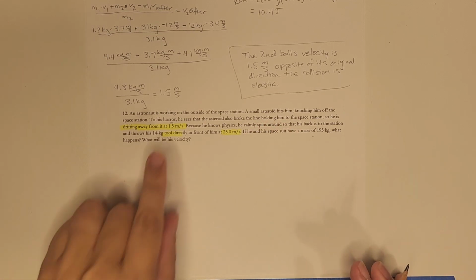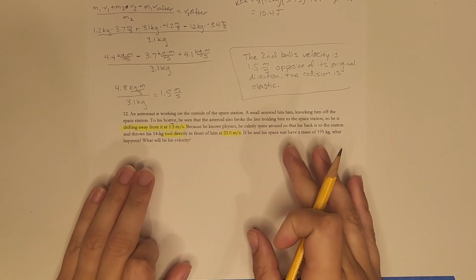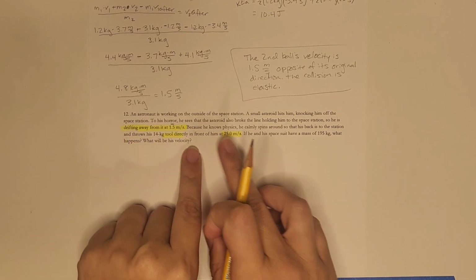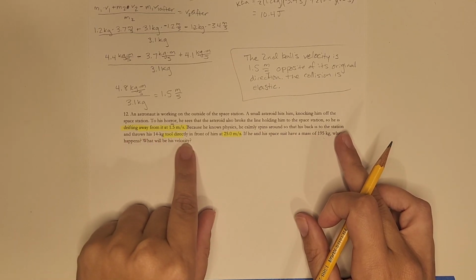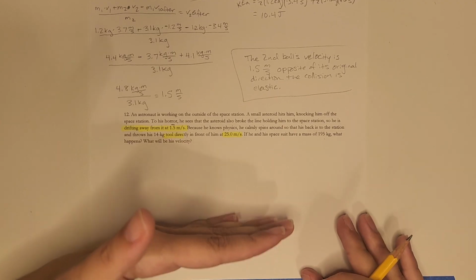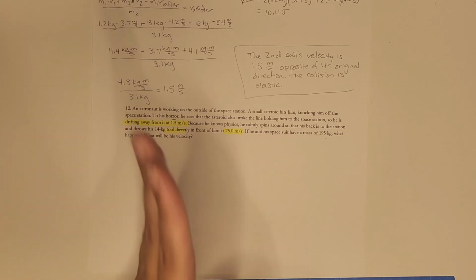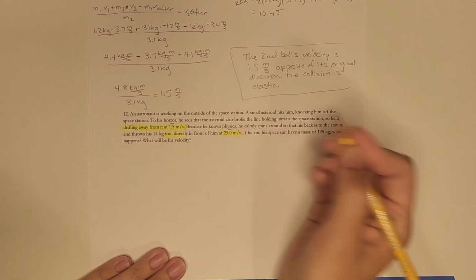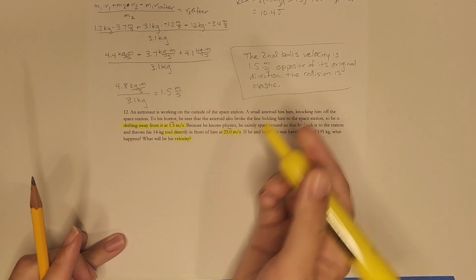He has spun around, so his back is to the space station, and this tool is in front of him. So he's drifting this way, but he also turns this way and throws the tool the same way as he is drifting. So this is going to be a negative value also. And then of course, we're asked what his velocity is.